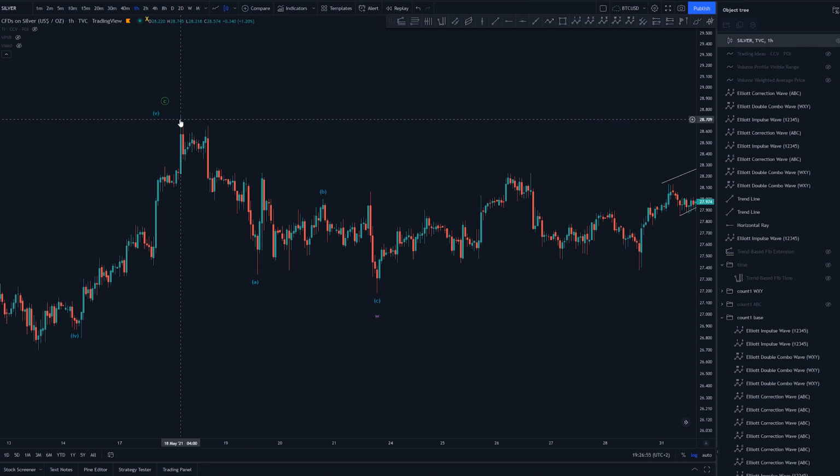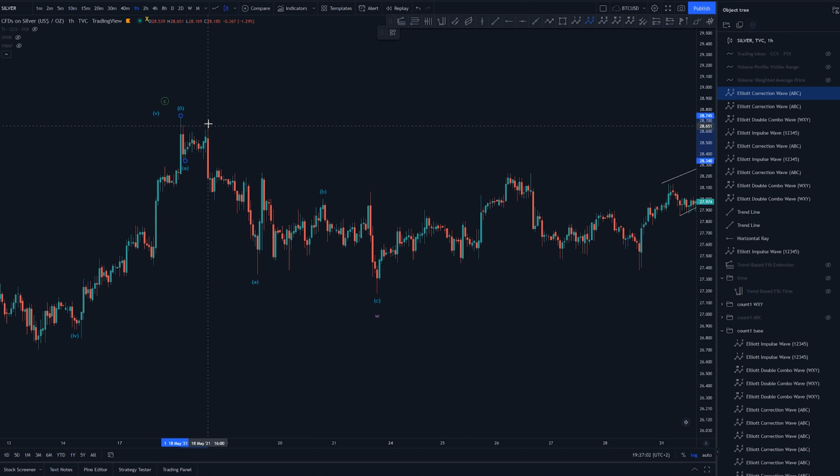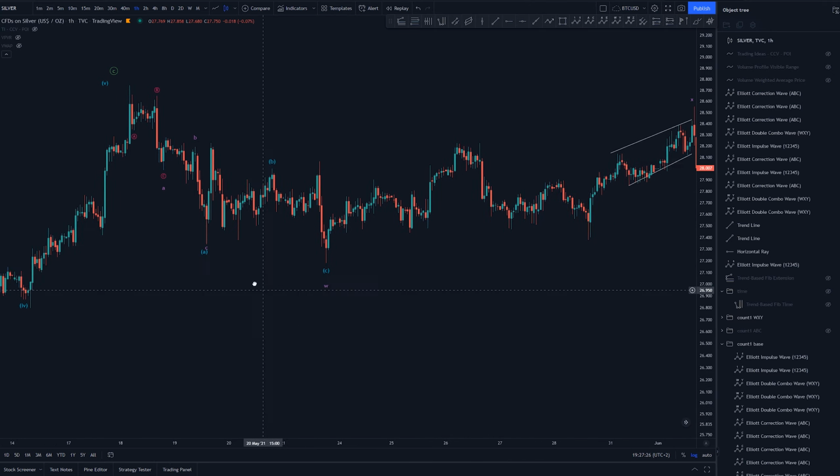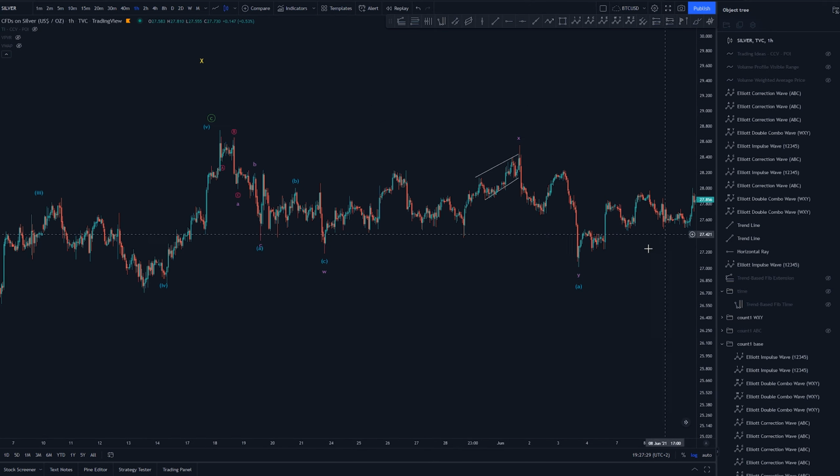Maybe this could be like A, B, C, and this would be micro into A, B, C, and this would be subminuet, and micro count will be here, A, B, C, and then 5 waves. Okay, that is possible. I think that looks pretty good.